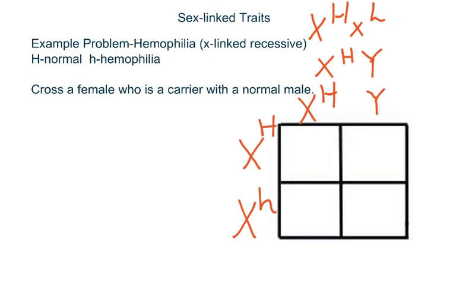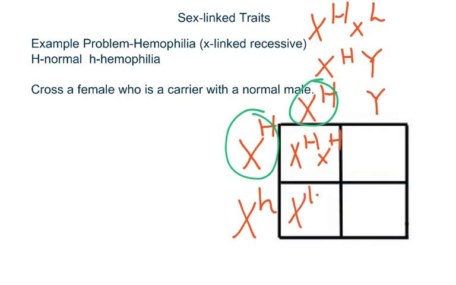Okay, so then you're just going to bring them together. So in this case, I'm going to bring this one and this one together inside the box. And you guys can show dominance here because they're both capital H's, so it doesn't matter. But then for the next one below it, put the X with the capital H first to show dominance, and then put the lowercase one.